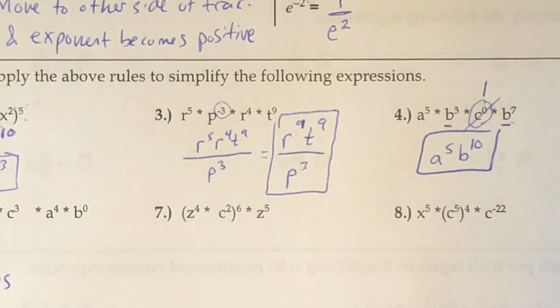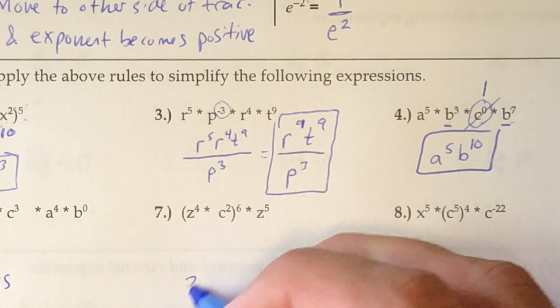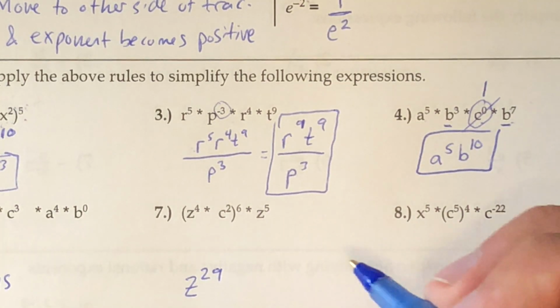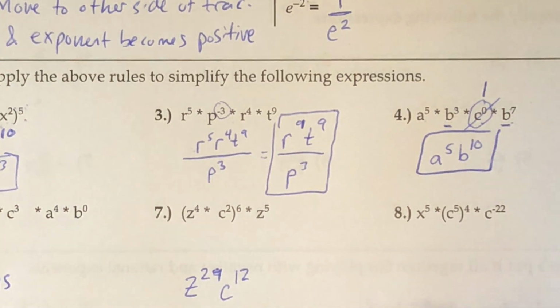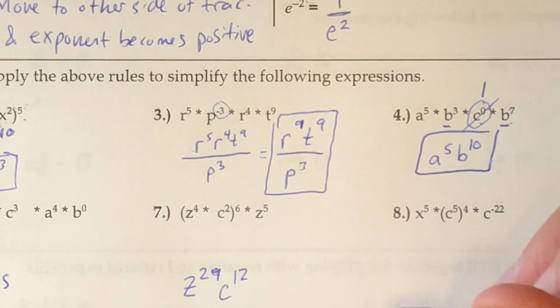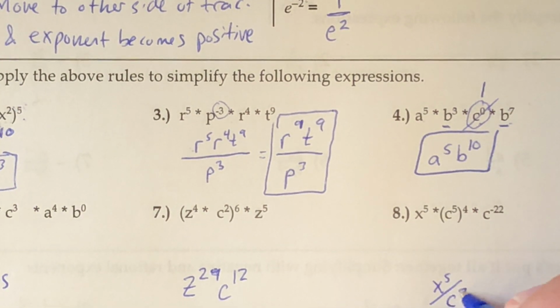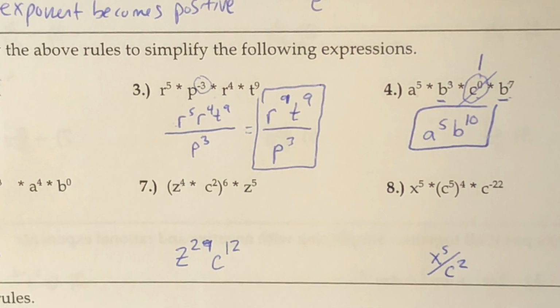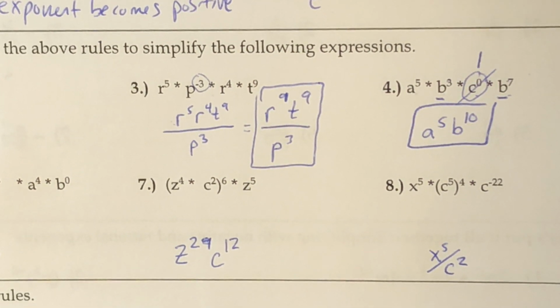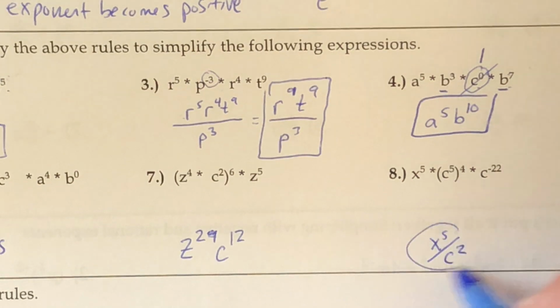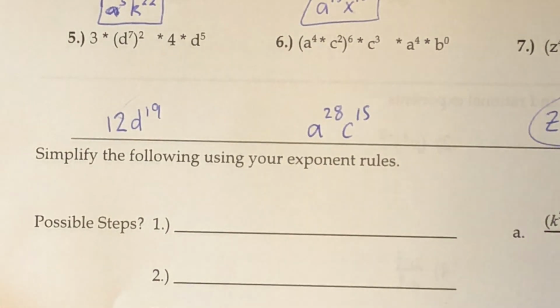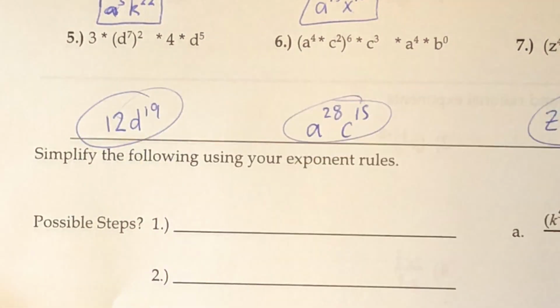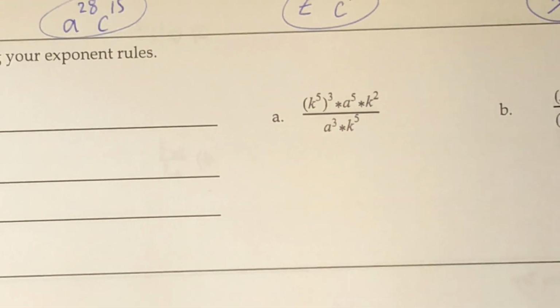For 7 and 8, you should get z to the 29th, c to the 12th, and you can have it in either order. And lastly, x to the 5th over c squared. Okay. So check those, make sure you got all those correct. Okay, and let's move on.